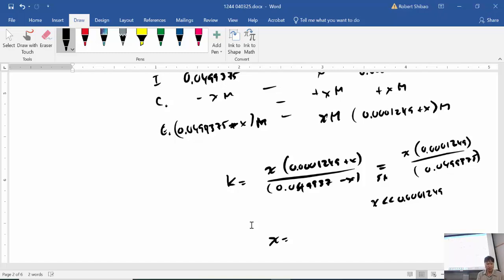didn't bring my other calculator. I don't like the new iPhone calculator. So we had 5.55 times 10 to the minus 10 as our Kb, times 0.0499375 divided by 0.0001249.